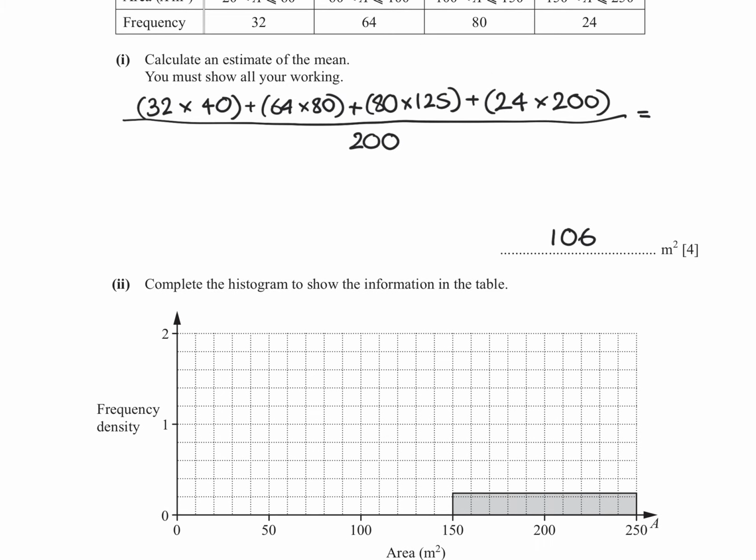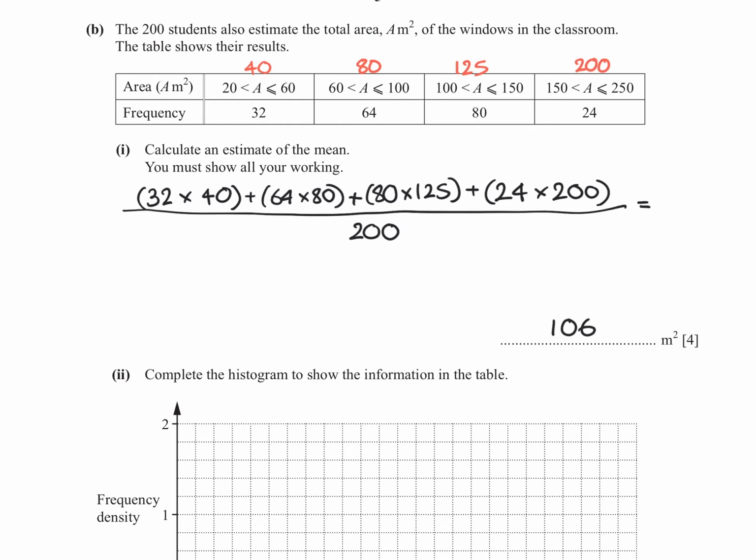So for the first group, the frequency density is equal to frequency 32 divided by the width of the group. So the width is from 20 to 60. So the width is equal to 60 minus 20. So the frequency density is equal to 32 divided by 40 for the first group, and that is equal to 0.8. For the second group, we have 64 students from 60 to 100.